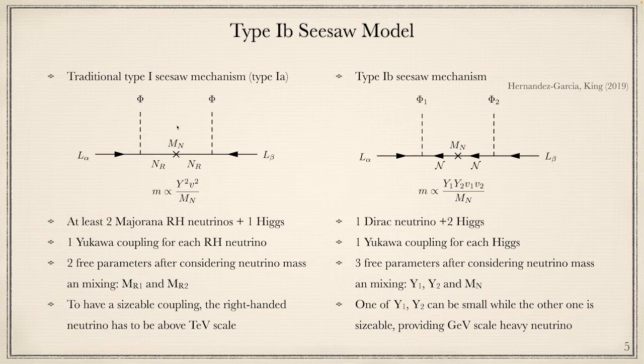This is because in the traditional type 1 Seesaw model, we have the Weinberg operator generated through this kind of Feynman diagram, involving a Majorana right-hand neutrino and one Higgs doublet. While in the Feynman diagram for the new Weinberg operator in the type 1b Seesaw model, we have 2 Higgs doublets involved.